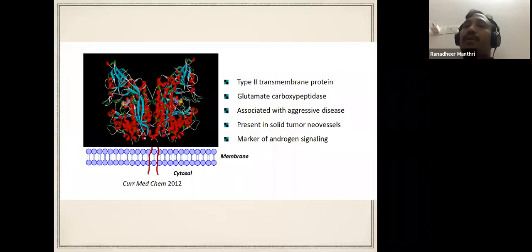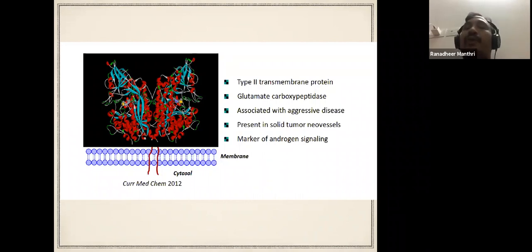I already said about it. Type 2 transmembrane protein, glutamate carboxypeptidase. It is associated with aggressive disease and present in solid tumor neovascularization, a marker of androgen signaling, which I have already said. So this is the intracellular component, there is an extracellular component, and there is a transmembrane component. Previously, we were targeting the intracellular component.